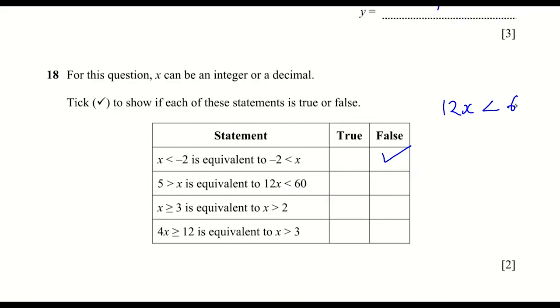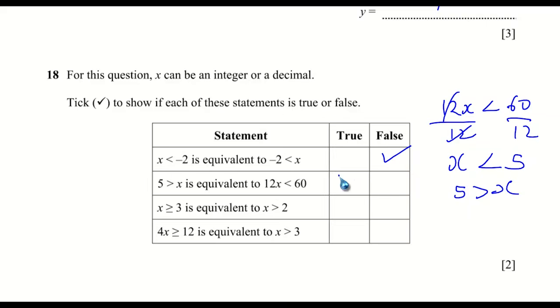Let's divide both sides by 12. You have x is less than 60 divided by 12, which is 5. So x is less than 5, which simply means 5 is greater than x. So this is true.